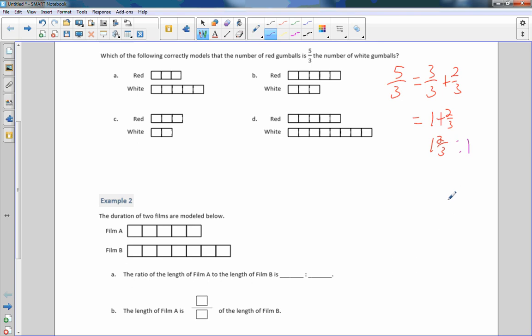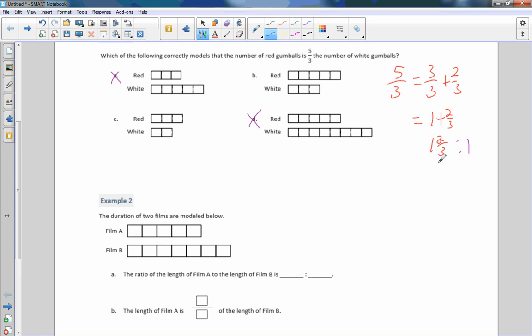If I think of that, then I know that there are more red than white. So I'm going to eliminate D. I'm going to eliminate A.